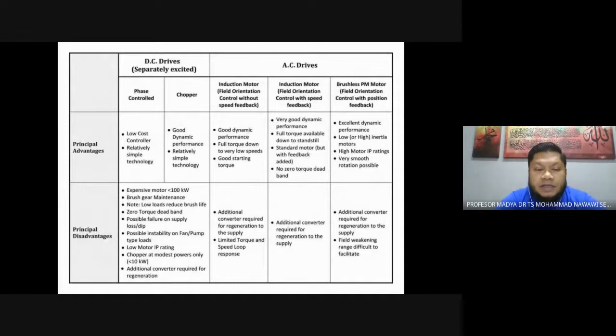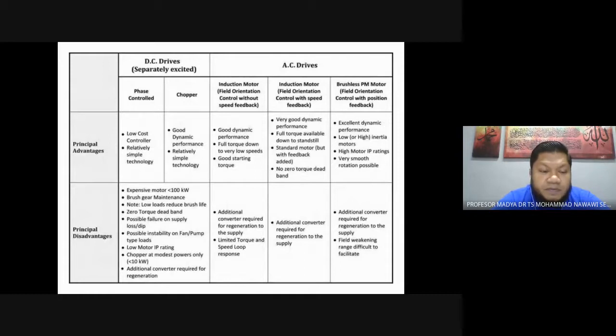Okay, so this is a comparison between DC drive, which is of the separately excited DC type, and the AC drive. We have two types of control: phase control and chopper. Chopper is a DC-DC converter. It can be a buck converter, a boost converter, or buck and boost.